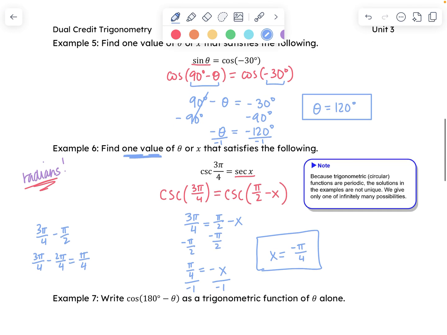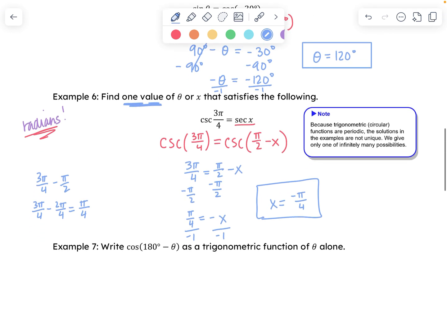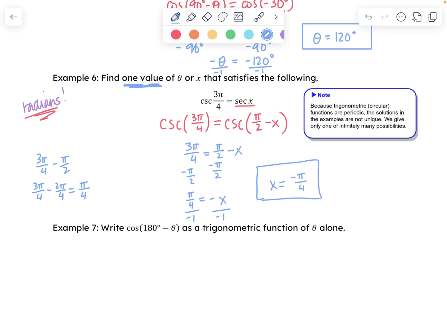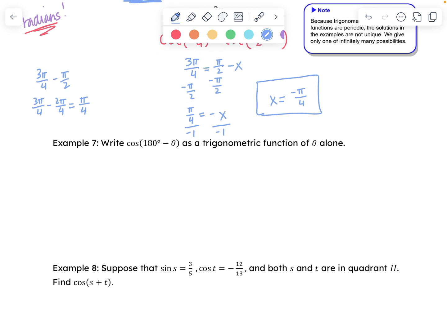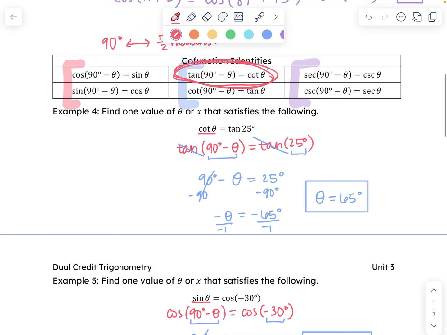Now, the reason that I've paired these together is that it's tricky to make sure you're paying attention and using the proper identity, and these specifically get a little messy. If I'm looking at example 7, you might automatically think, oh, this kind of looks like a cofunction identity. But if I'm looking at cosine of 180 degrees minus theta, all of my cofunctions are 90 degrees, not 180 degrees.